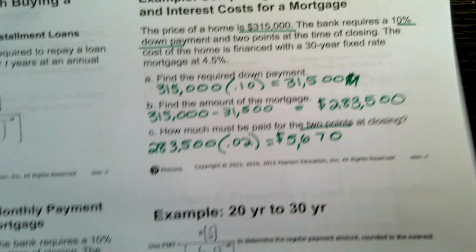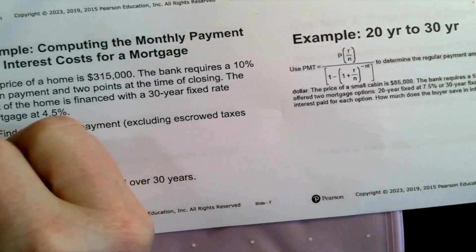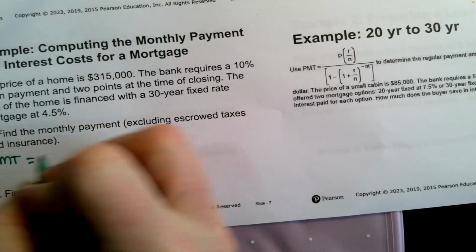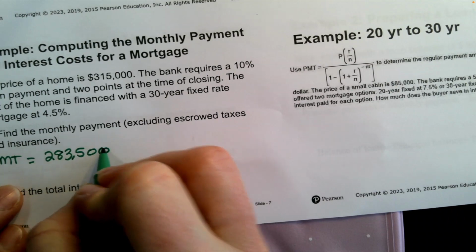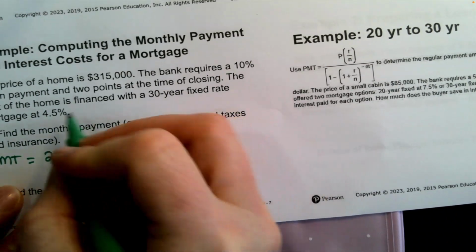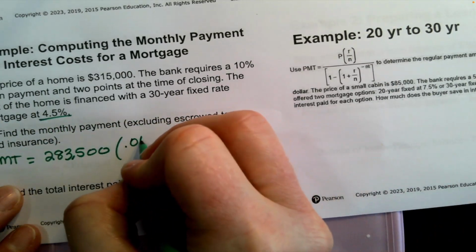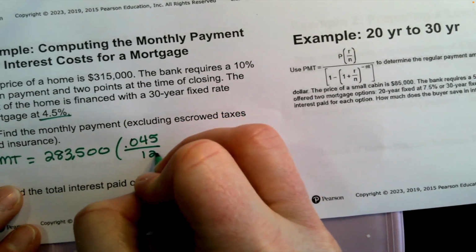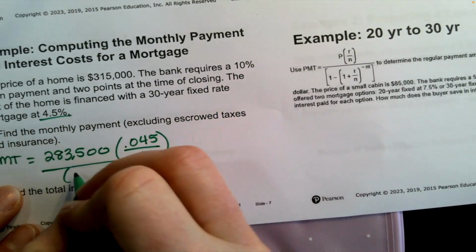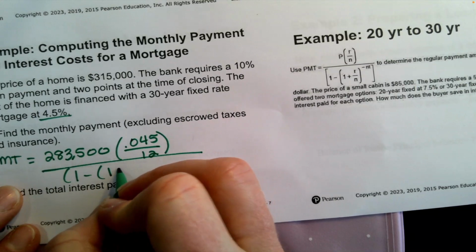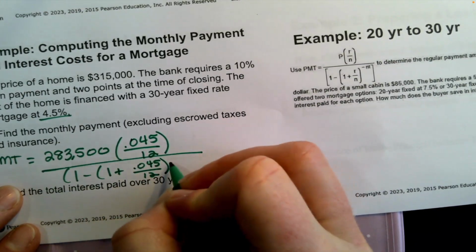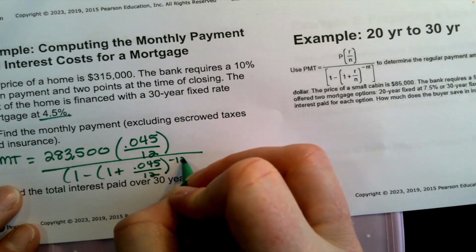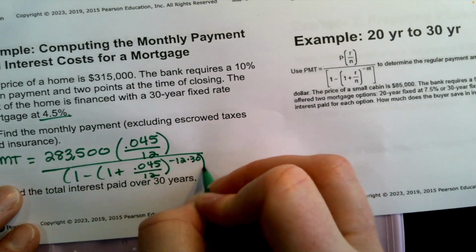Okay. Next thing, monthly payment. So your payment is found by doing how much you are getting out, your principal amount, your 4.5%. You're doing it monthly. 30.